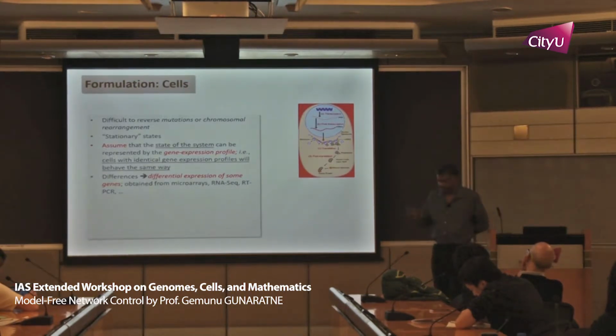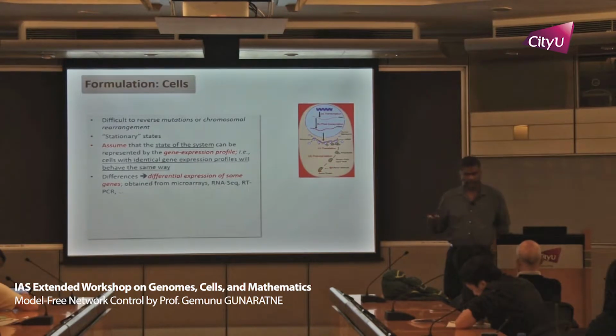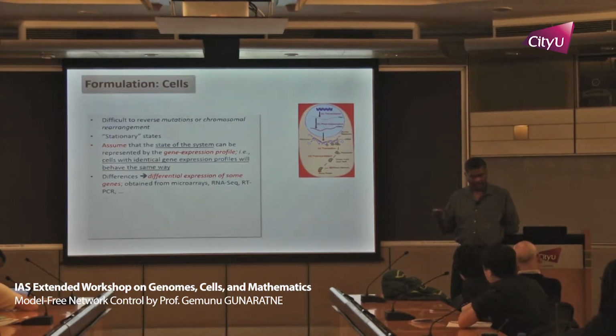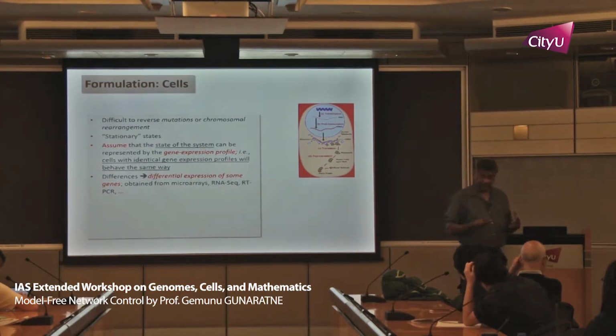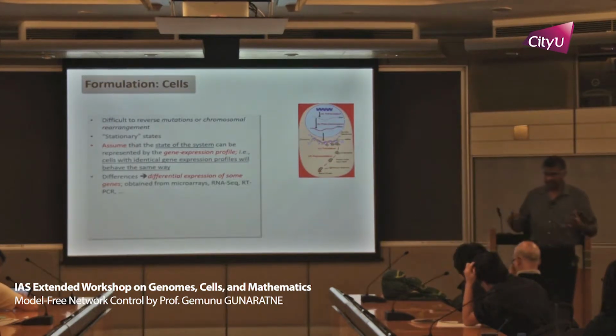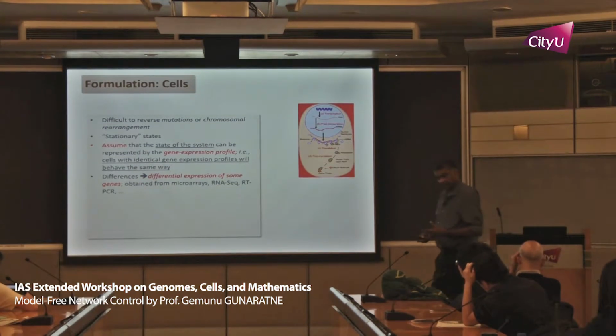Oh, by the way, the other reason why I'm talking about ignoring things like proteins is it is very difficult to measure protein levels in a cell, all of the protein levels. Single proteins you can measure, but not many proteins. Genes, on the other hand, you can get the levels of all the genes by sequencing.